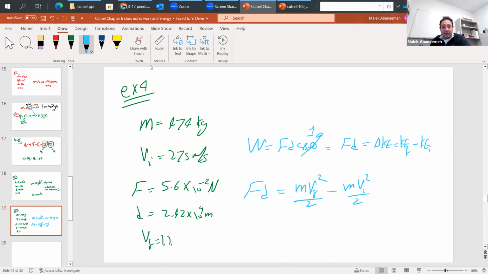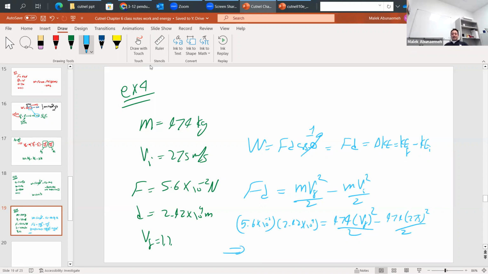Let me go ahead and plug in the numbers over here. 5.6 times 10 to the negative 2 times your distance, 2.42 times 10 to the 9th, is going to equal your 474 times your final velocity that we're looking for squared, divided by 2, minus your 474 times your initial velocity that we have, 275 squared, divided by 2.